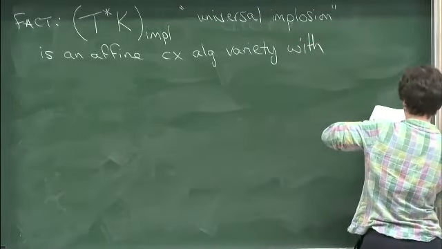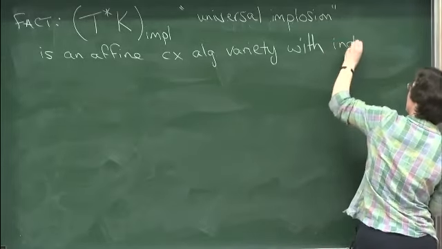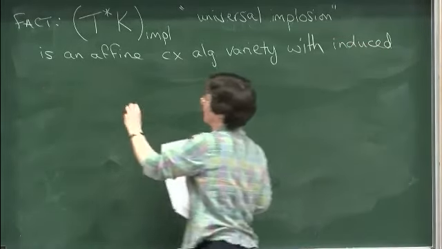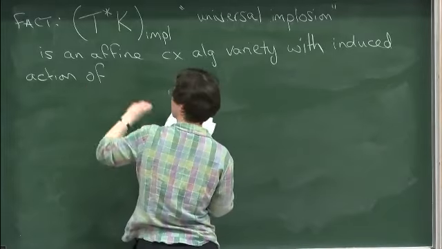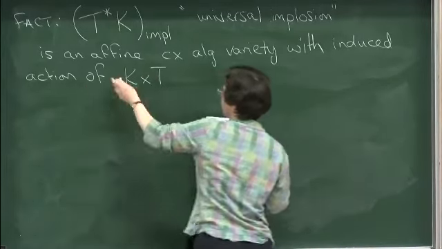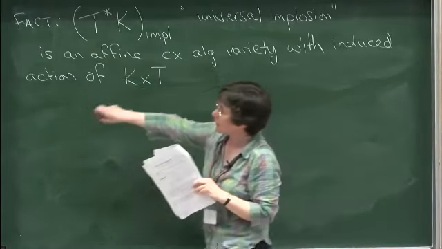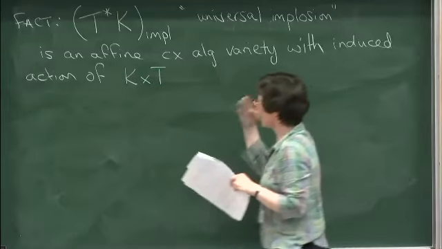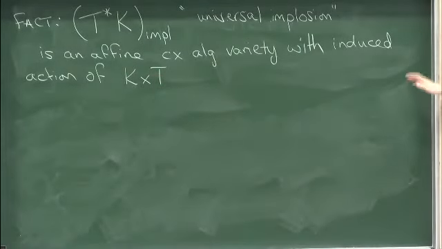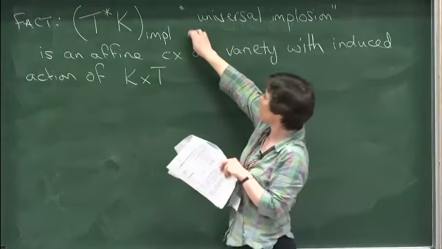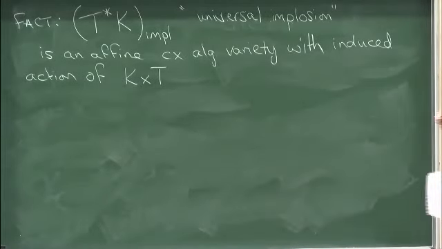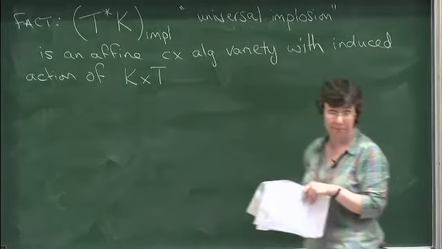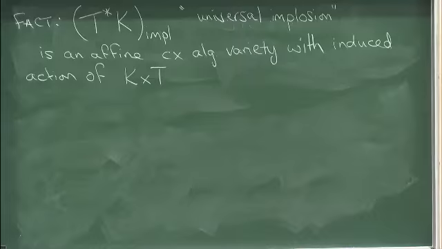So we've got an induced action of K cross T. So we started off with K cross K. We took one of those Ks to do the implosion construction. So that K has given us a T action, and then we've still got the other K action. Okay, so we've got an induced action of K cross T.